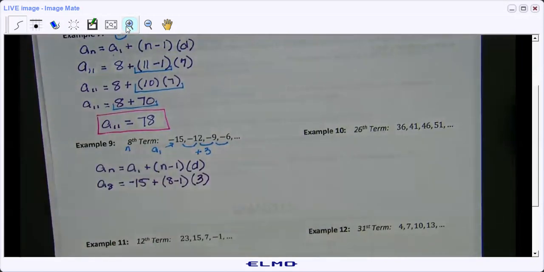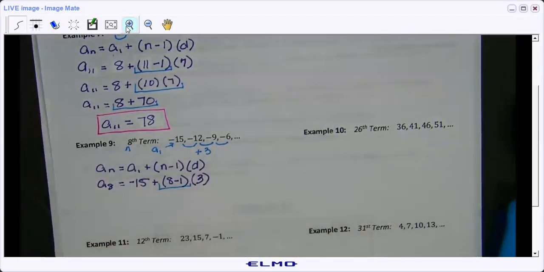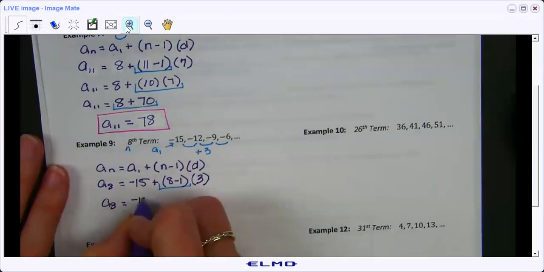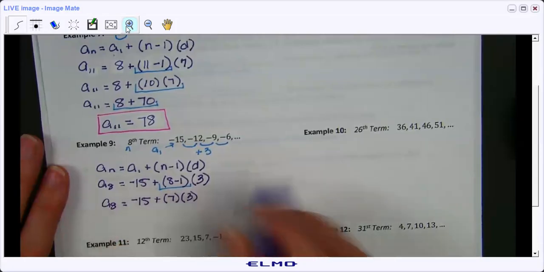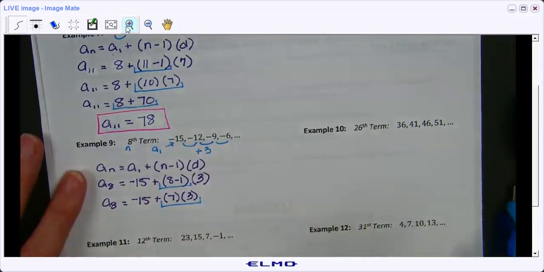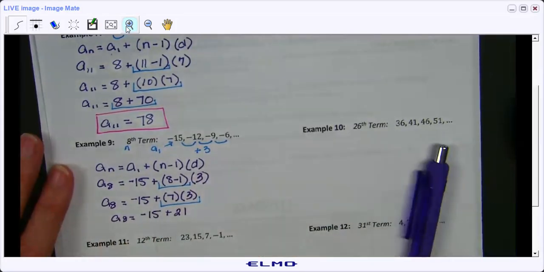All right, thanks. So now we're going to go ahead and solve. Make sure you solve in parentheses first. Then you solve your multiplication. And you solve your addition.